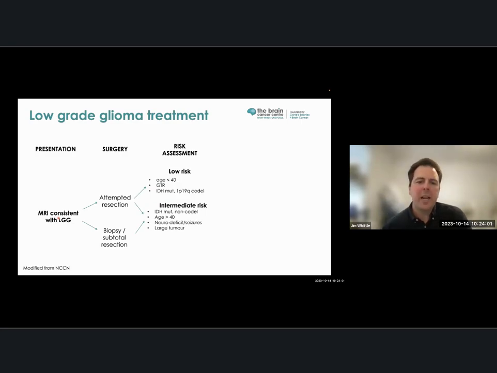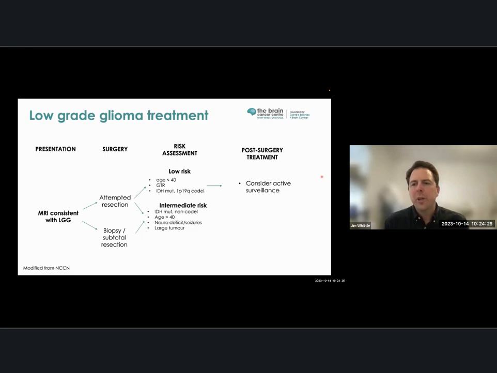So these are still typically IDH mutated or non-co-deleted, but have some other more adverse prognostic markers. This can be older age, a neurological deficit, or persistent seizures, or who have large tumours and have had a subtotal resection.